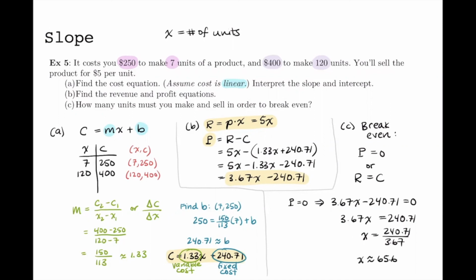Now, it doesn't matter to me if you were to round up or down or leave it like this. I could see reasons for either situation. So just be careful in things like WebAssign where it should probably tell you what to do with that. But for these purposes, we can just leave it as either about 66 or 65 units.